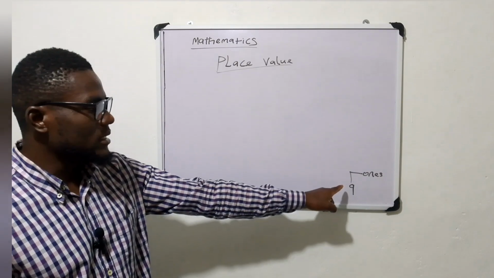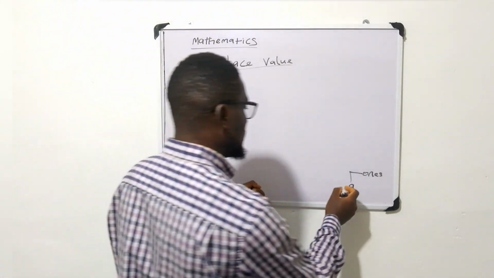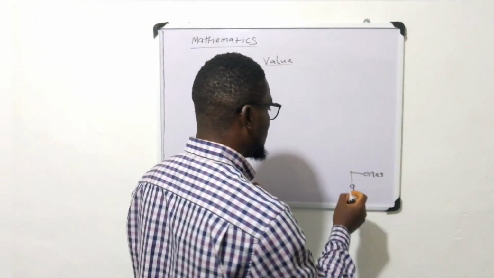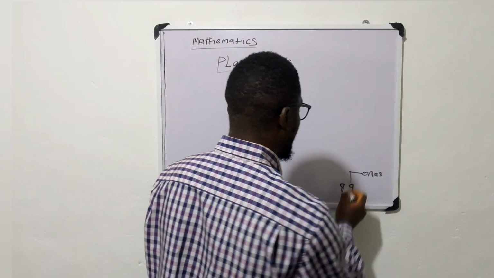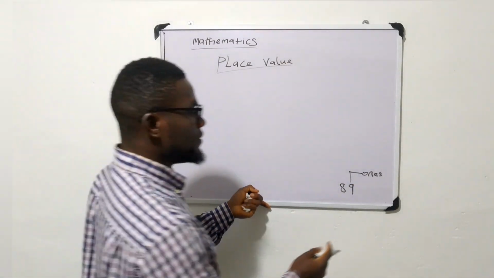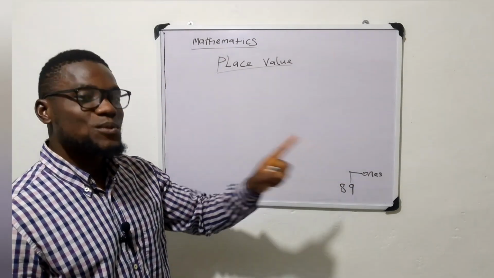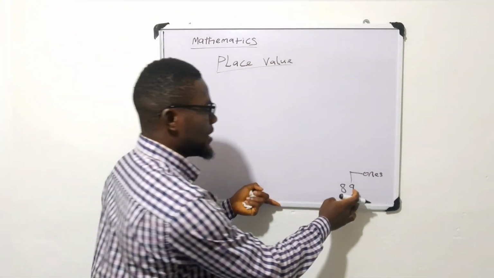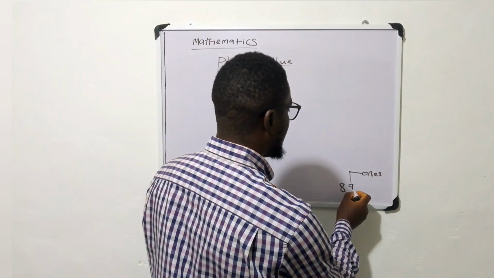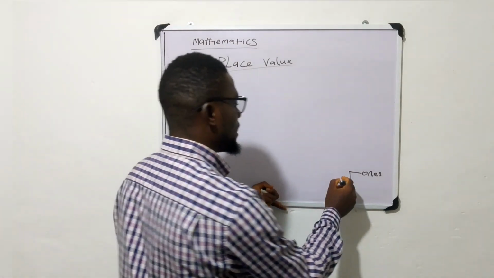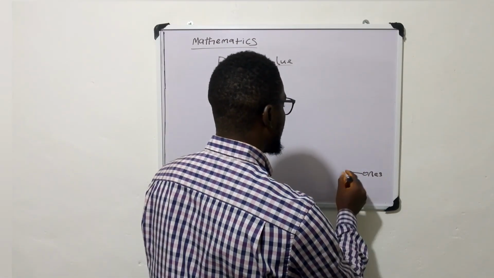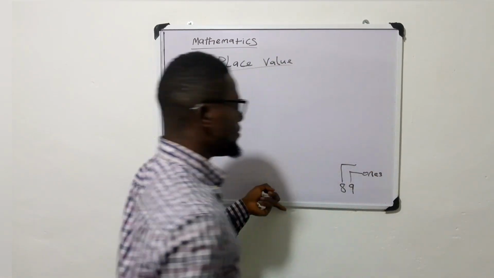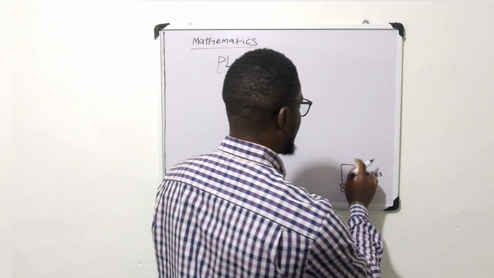Then you have 8 from the 10 digits. The value assigned to this 8 is different from the value assigned to 9 because of its position. The value assigned to the 8 is tens.